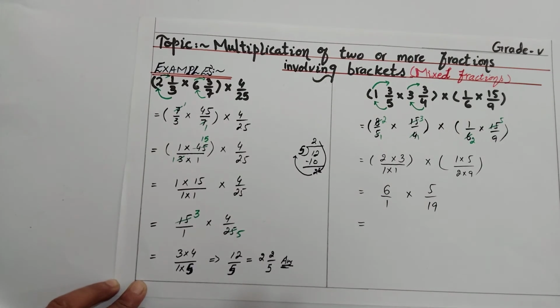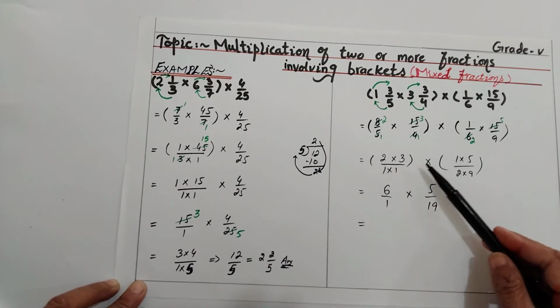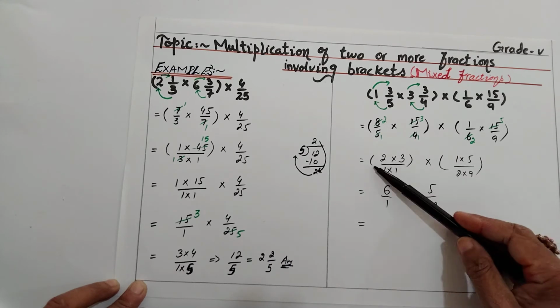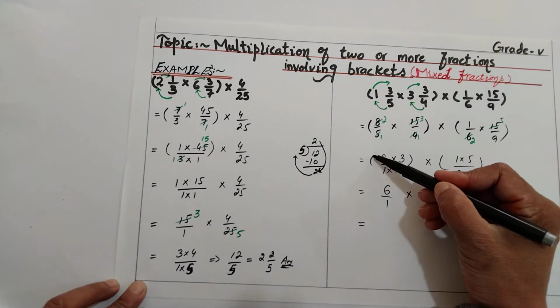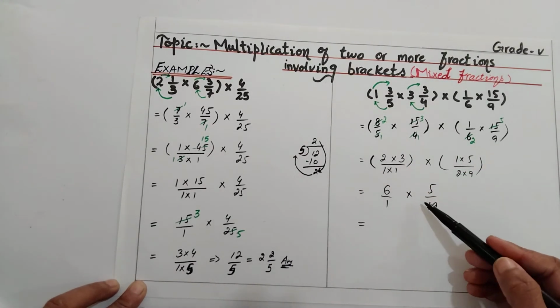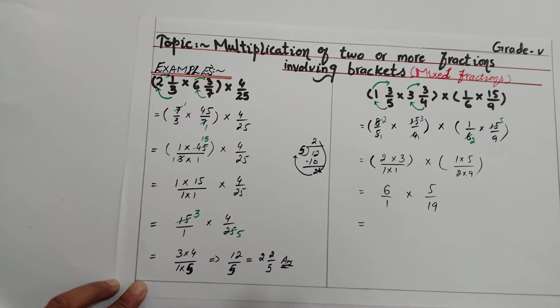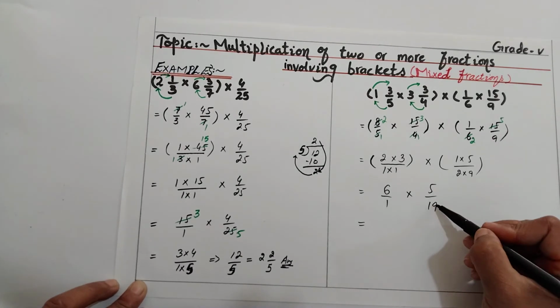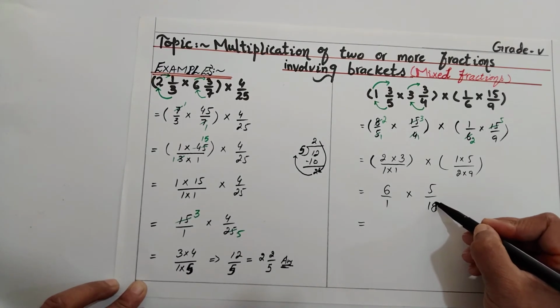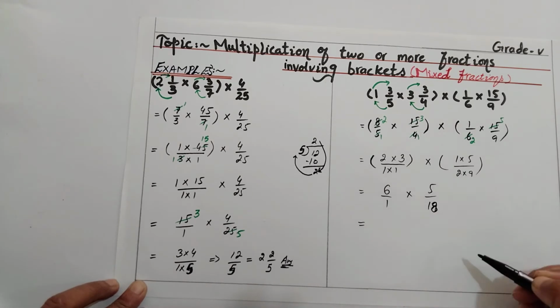Now as I told you, after the simplification and removal of the bracket, again you have to check whether there is any other possibility of cancellation. Whether there is any possibility of cancellation? Yes. Sorry, 9 twos are 18, not 19. Sorry. 9 twos are 18.